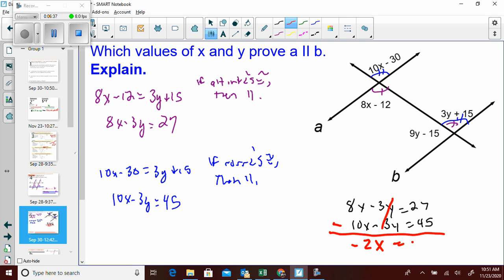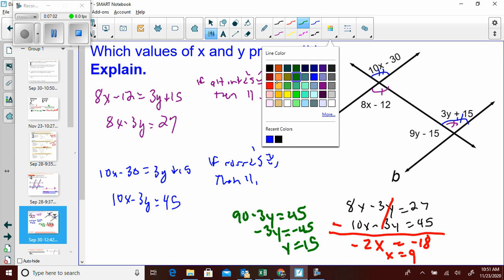Equals, let's see, negative 18. X is 9. If x is 9, it doesn't matter which one I do. I can do 90 minus 3y is 45. Negative 3y is negative 45. Y is 15.